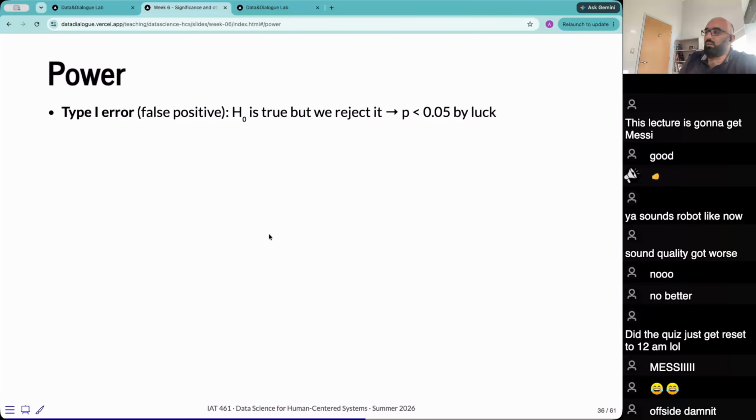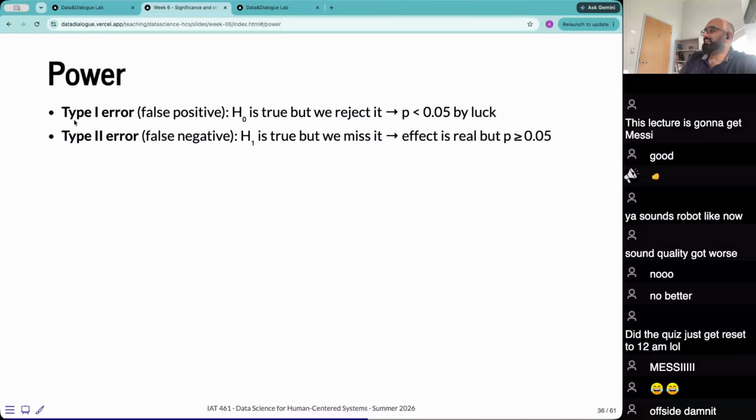And the power, right? When people say you do a power analysis: when the null hypothesis is true, but we reject it, right? We say p less than 0.05, but that was actually due to chance. That's a type 1 error.